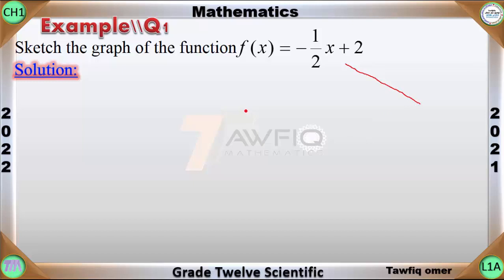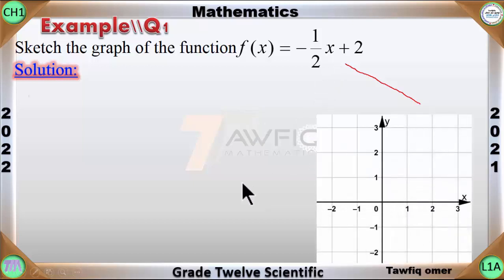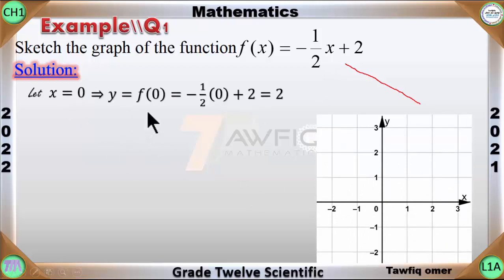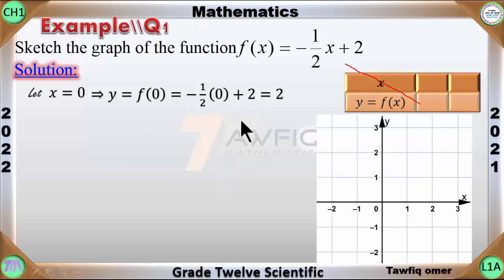First of all, let's take some value for the variable x. Let x be 0, y equal f(x) equal minus 1 over 2 times 0 plus 2, which is equal to 2. And the first point is (0, 2).